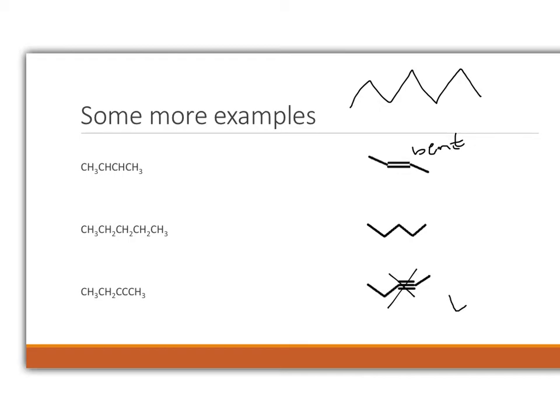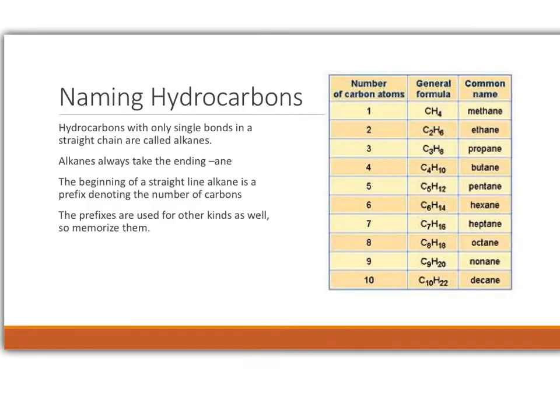So the correct drawing here would look like this, where you've got carbon, carbon, carbon, carbon, carbon. So the drawing as far as triple bonds is probably going to be the hardest one to remember. It's easy to kind of get stuck doing the zigzag. Just keep in mind you do need to account for these changes in shapes.